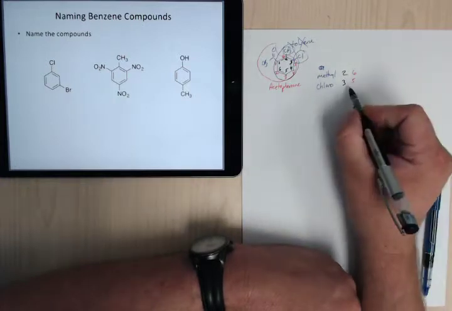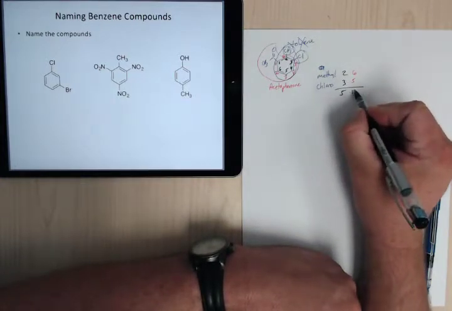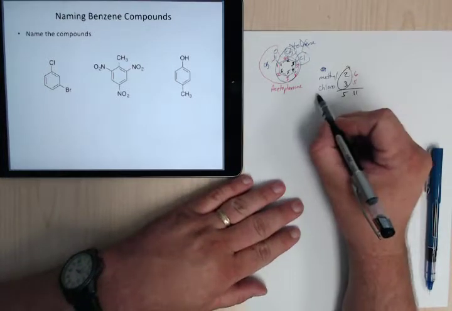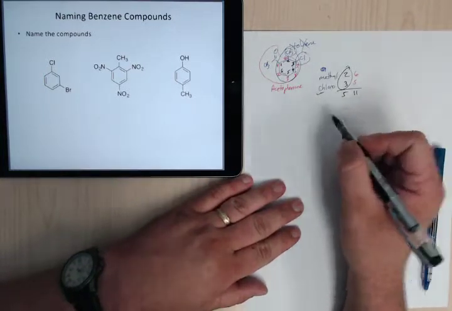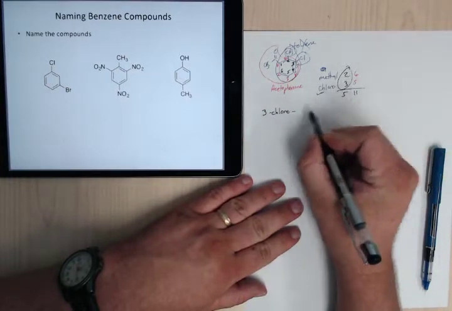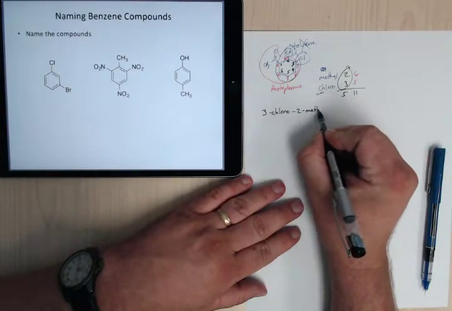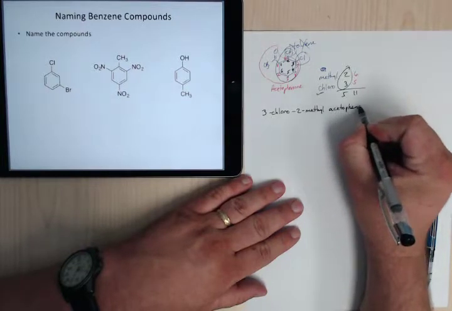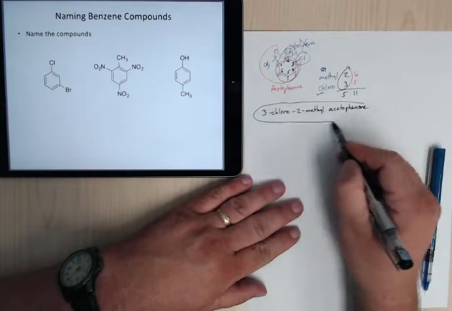So 5 versus 11, we're going to use those numbers there. But chloro ends up being first alphabetically. So we're going to do 3-chloro, 2-methyl, acetophenone. There you go.